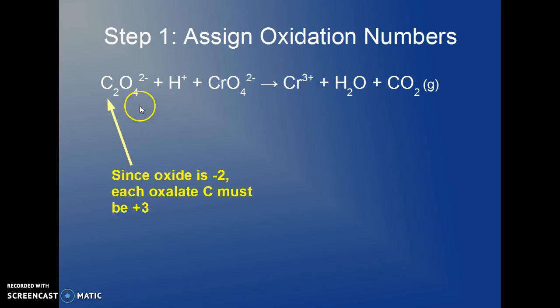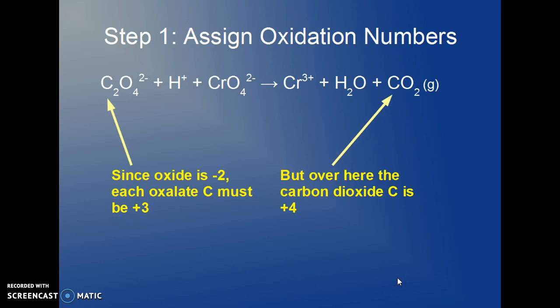Since oxide here is -2, we have -8 total, of which 2 negatives are left over. So we have to balance off of 6 negative charges, and we have 2 carbons to do it. So each one of these oxalate carbons must have a formal charge or oxidation number of +3.